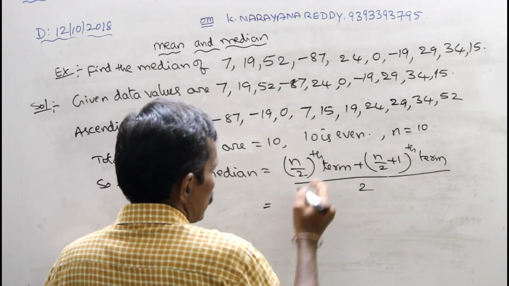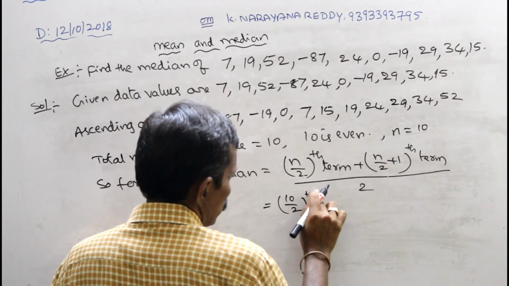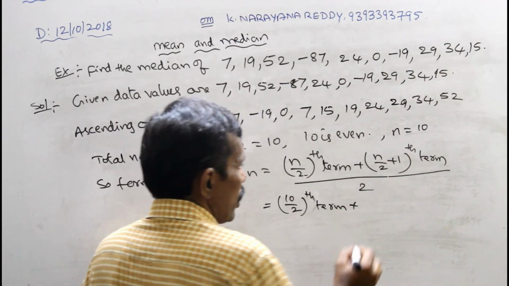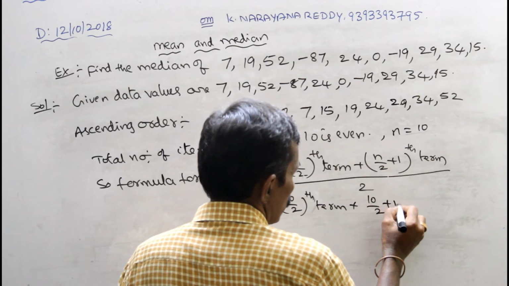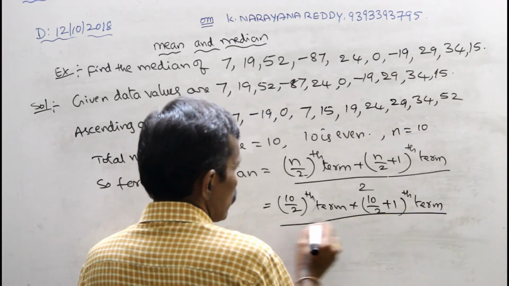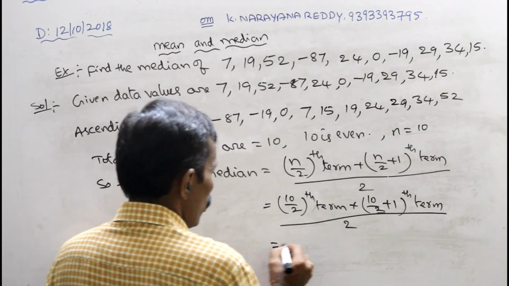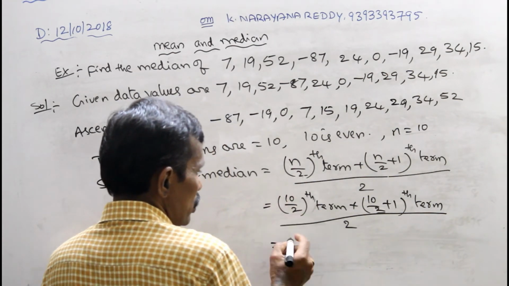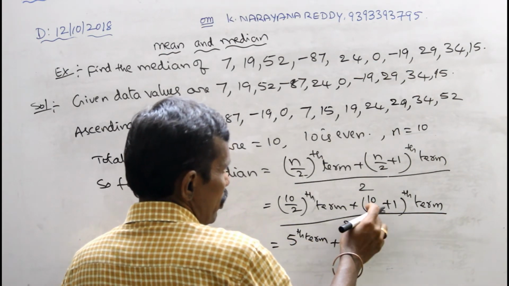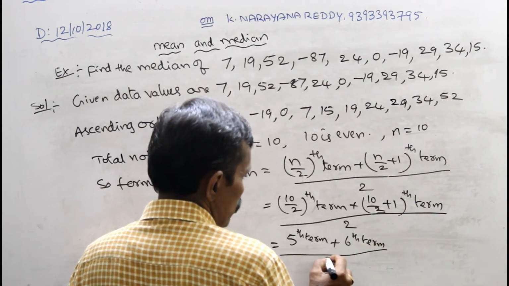Okay. The n by 2 term: 10 by 2 term, plus the 10 by 2 plus 1 term, divided by 2. Now, the 10 by 2 term means the 5th term, plus the 10 by 2 plus 1, the 6th term, divided by 2.